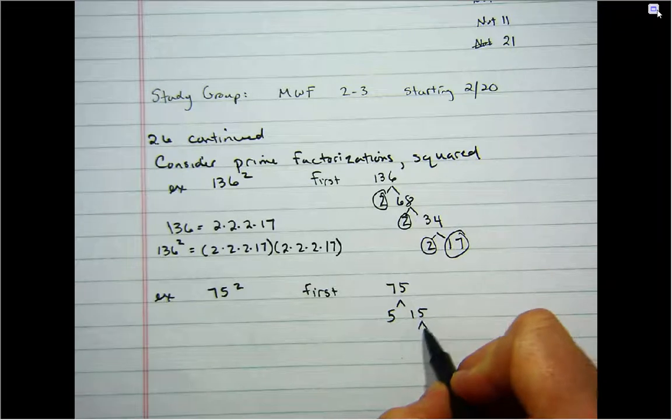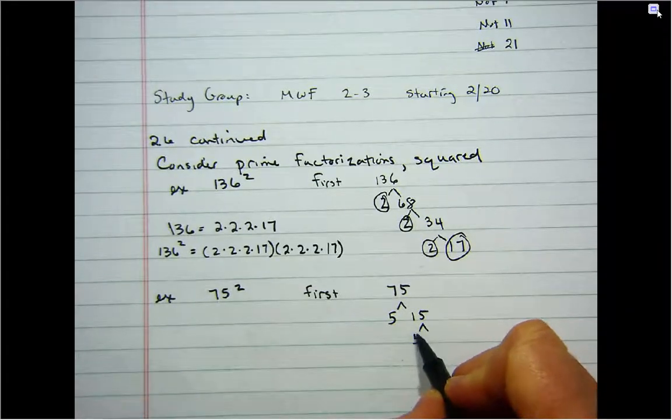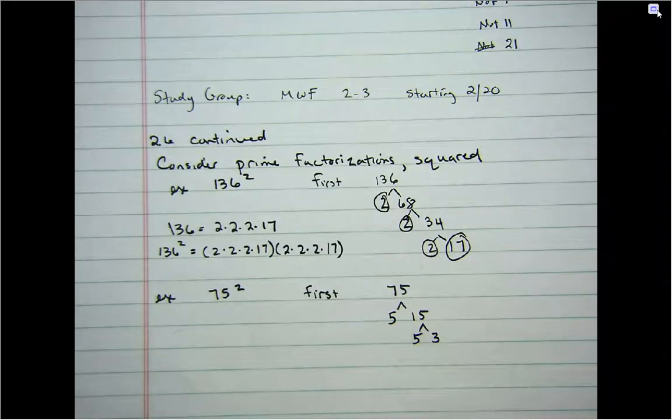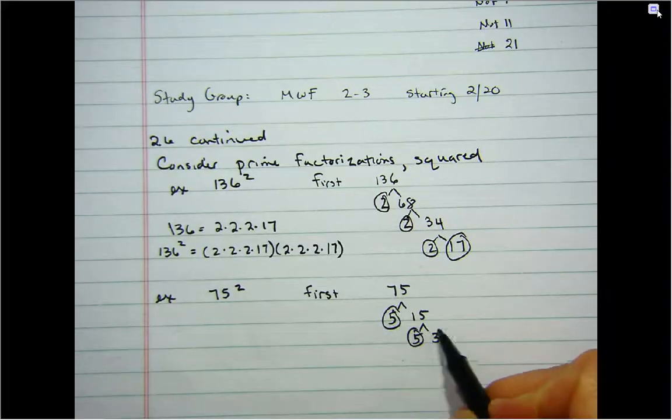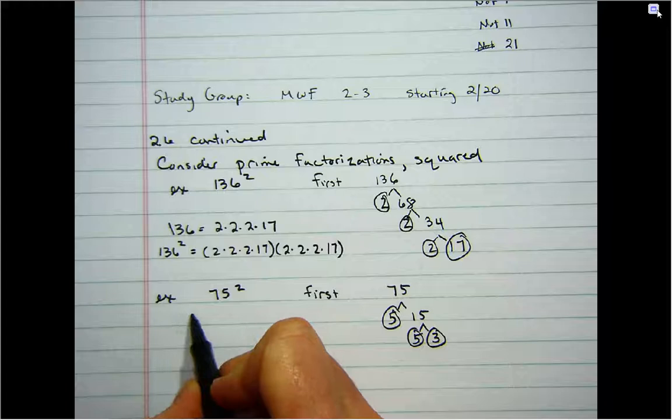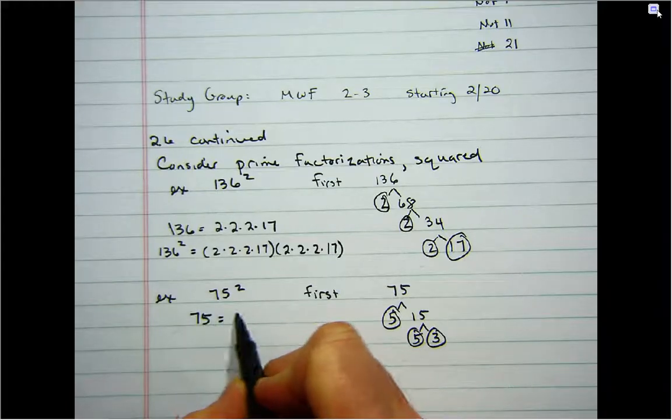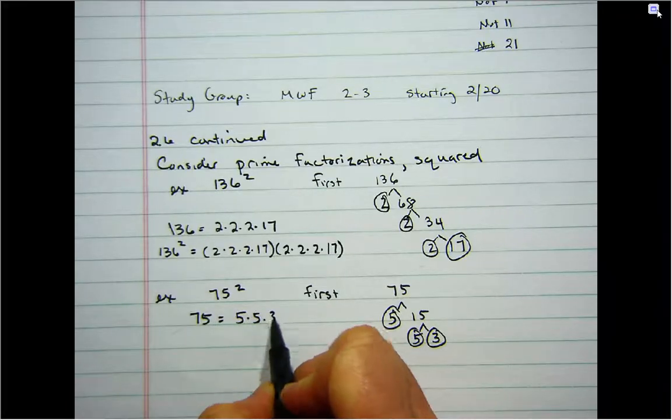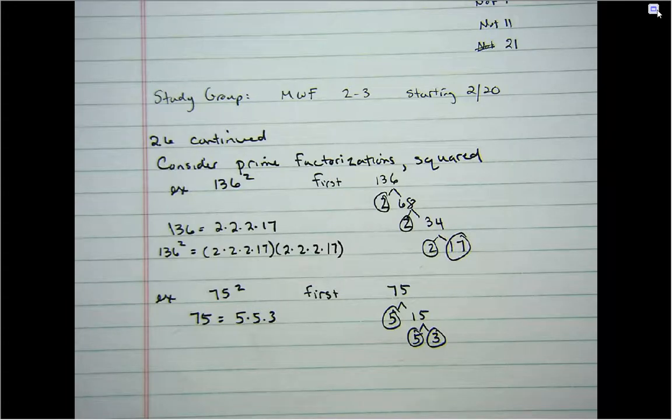It's 5 times 15. 15 is also divisible by 5. It's 5 times 3. And all these numbers are prime. So I have the prime factorization of 75: 5 times 5 times 3. So now to find the prime factorization of 75 squared, I just have to write that down times itself.